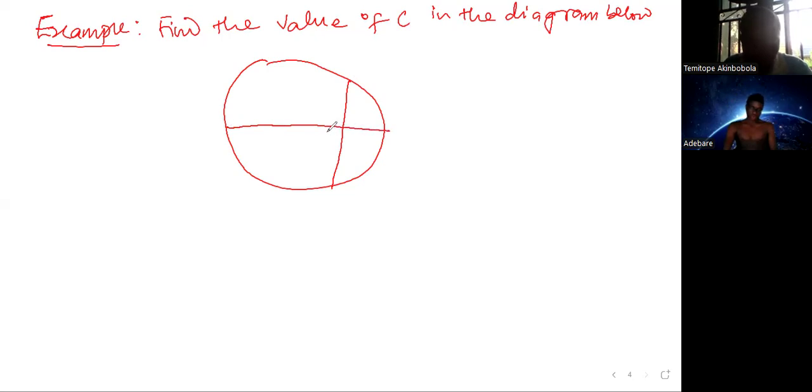Make sure you draw your own to be perfect. So that's the diagram. When you are through drawing it, let me know. I'm done. Okay. So how do you intend to solve this now?